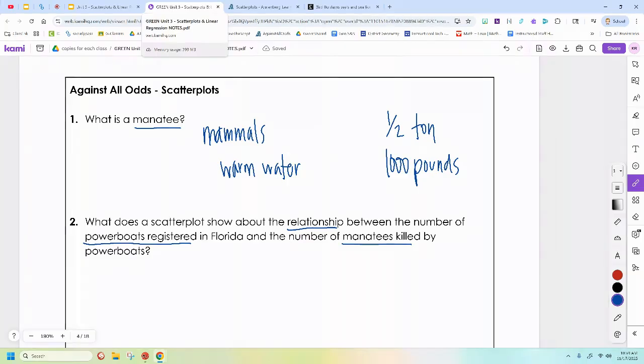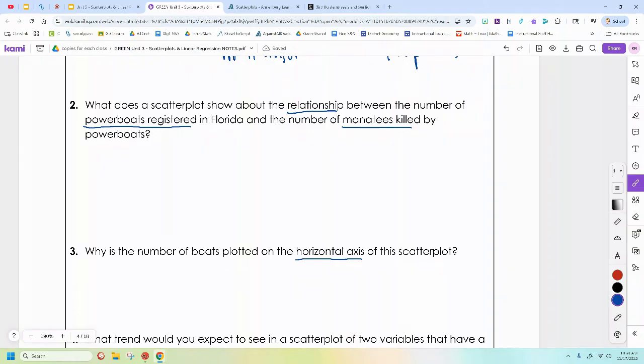All right. So now our scatter plot. What did our scatter plot show? So we had points kind of going like that. This was our powerboat registrations. Boat. And then this is our manatee deaths, unfortunately.